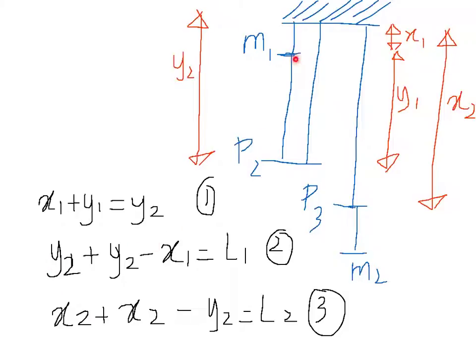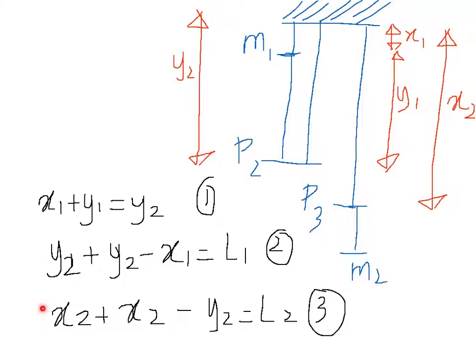It starts here, goes down here, then around the pulley and all the way to the top. So this distance, which is y1, is nothing but y2 minus x1, plus y2 itself, is equal to L1, the length of the string. So y2 plus this distance, which is y2 minus x1, is L1. This is our first relationship.